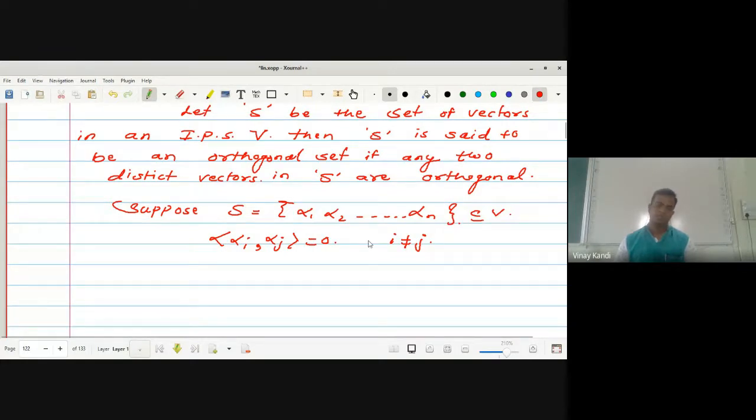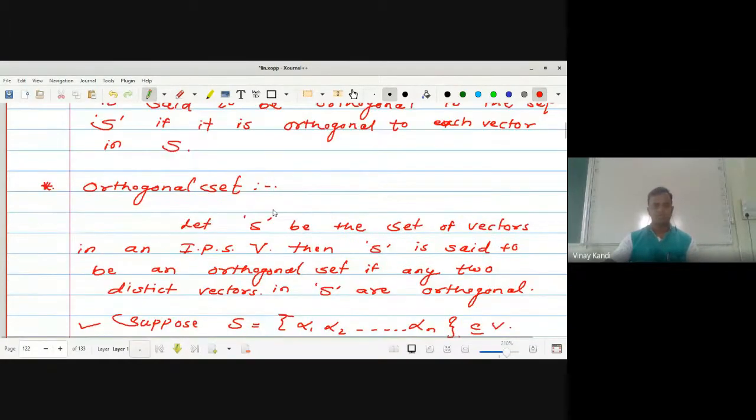If i is equal to j, then the inner product of alpha i with itself will not be 0. Any doubt? Then the set S is an orthogonal set. That whole set is called an orthogonal set. Any doubt up to here?